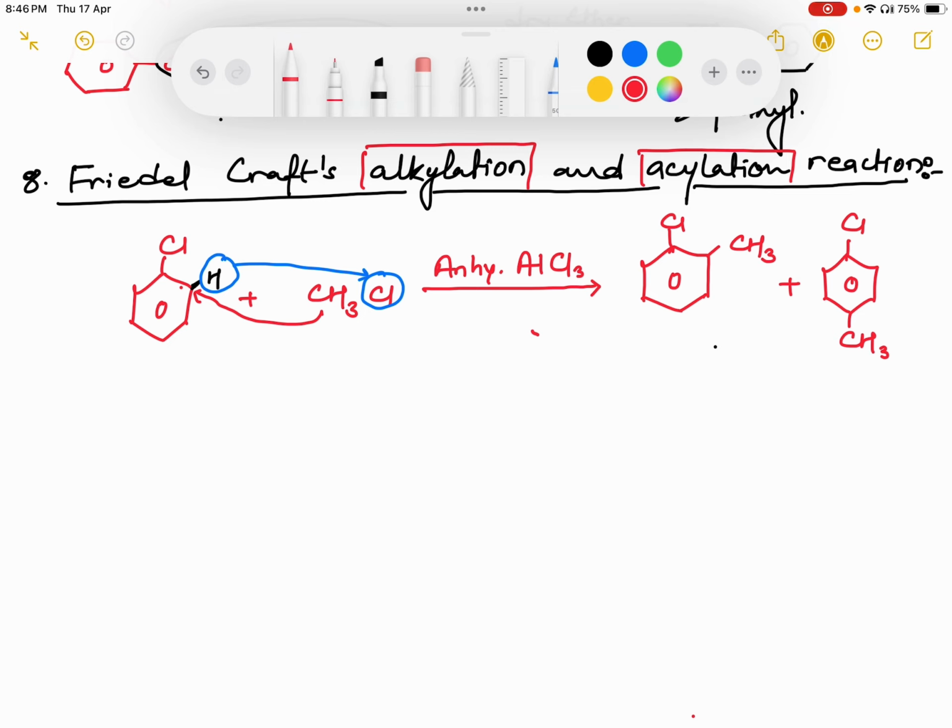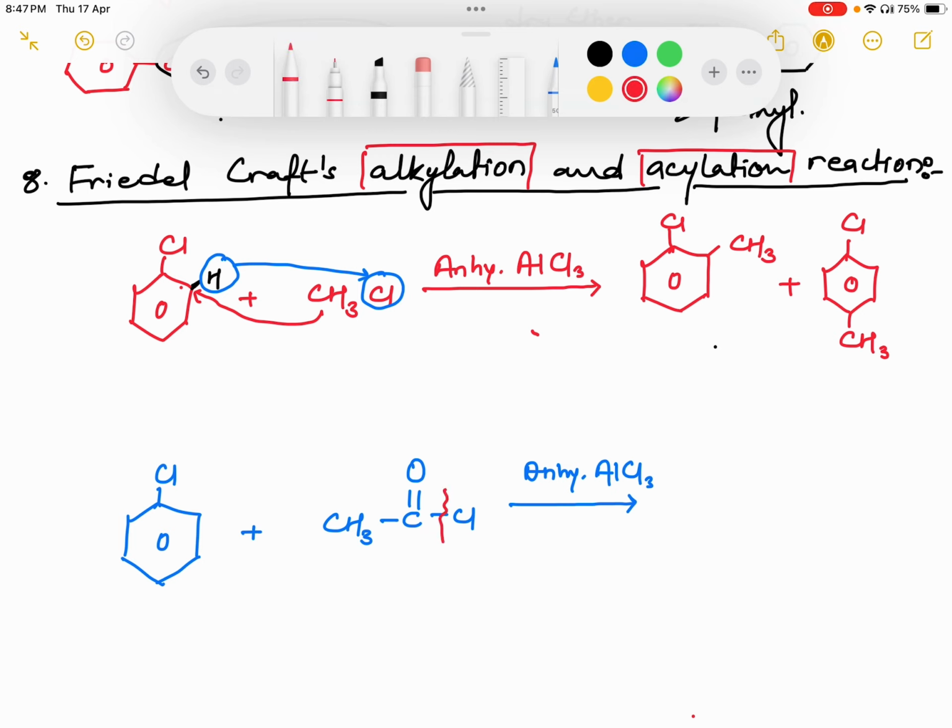Next, if you have an acyl group, that means something changes. If we have CH3, C double bond O, Cl, in the presence of anhydrous AlCl3, what will happen in this as well is this bond will break right from here.